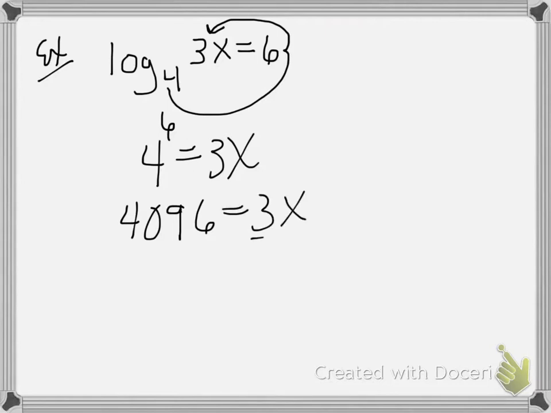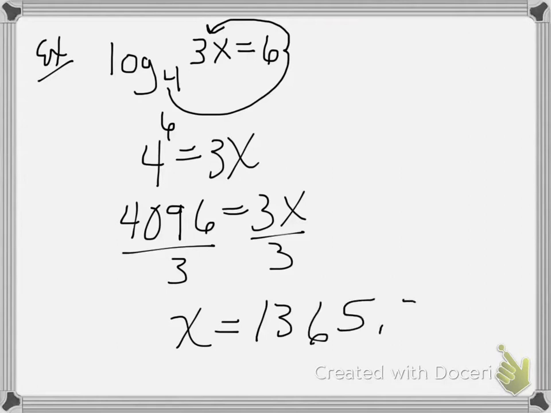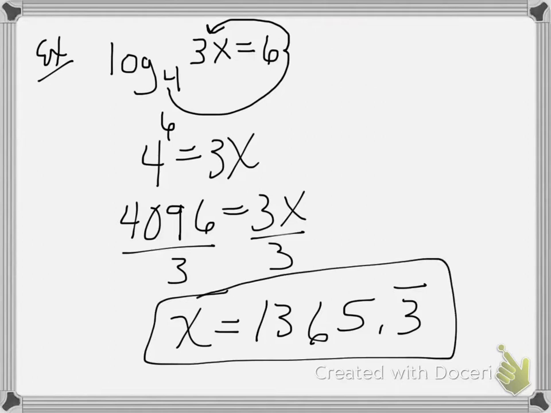Then I divide both sides by 3, and I get x to be equal to 1,365.3 repeating. You don't have to put that little repeating part if you don't want to, but that's the answer, 1,365.3.